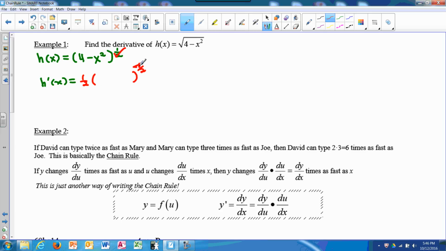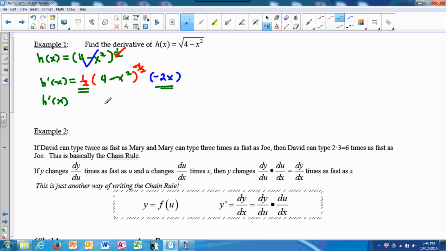And just the outside part is 1/2 to the negative 1/2. I leave the guts the way that they were. And then I'm going to come in and do the derivative of the inside. And the derivative of 4 minus x squared is negative 2x.